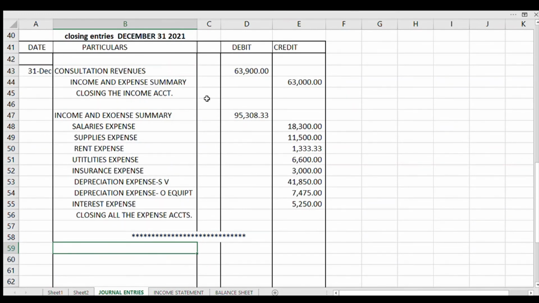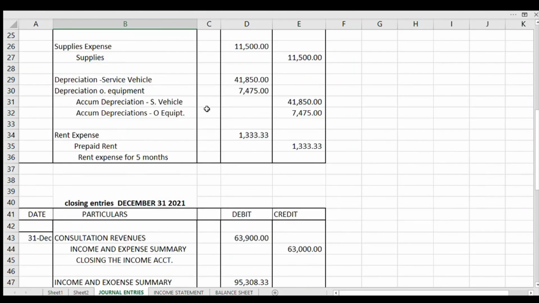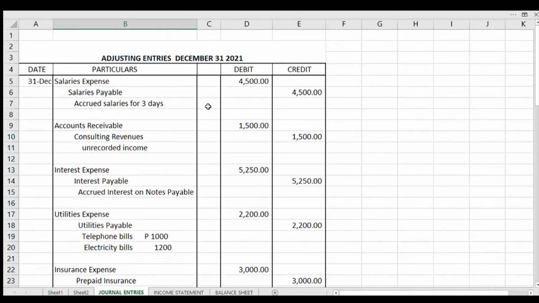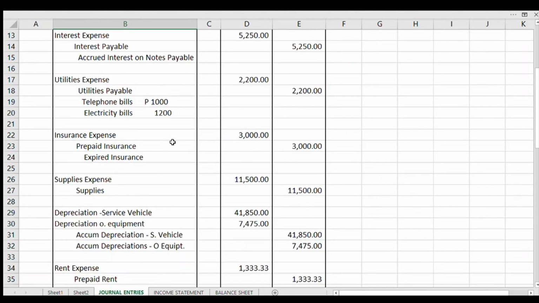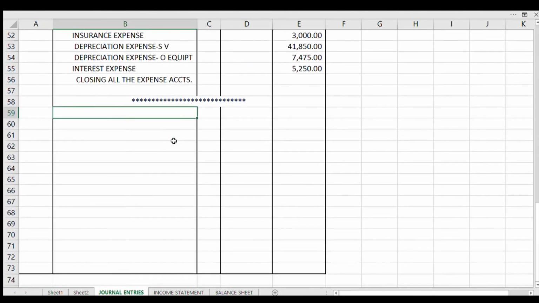Somehow there are some other adjustments, like the reversal, as I have discussed in the previous lessons. There are what we call the reversal. So maybe I'll show it to you here.